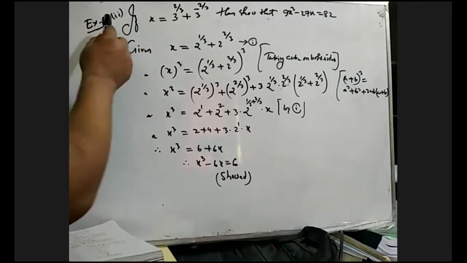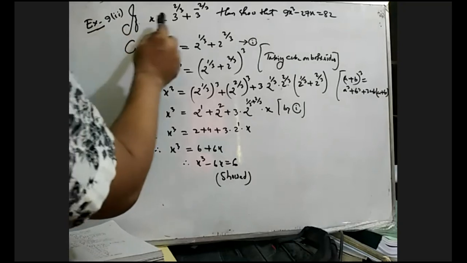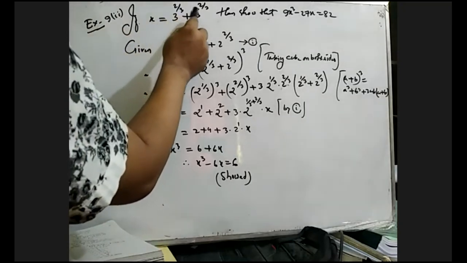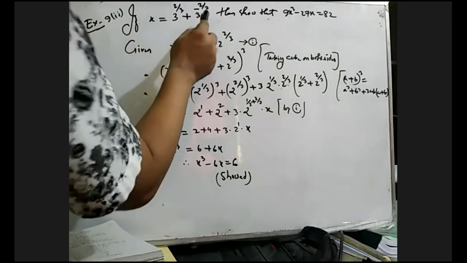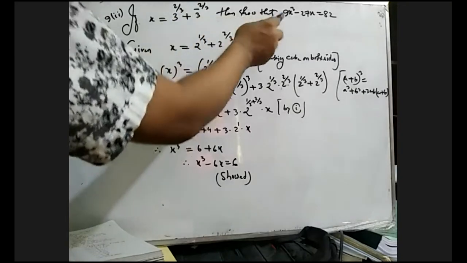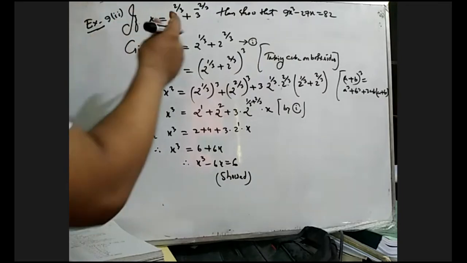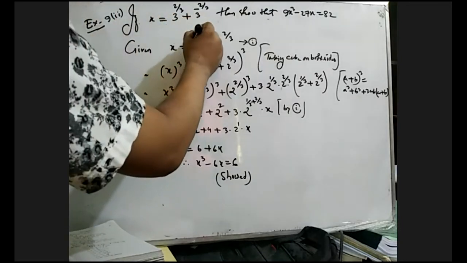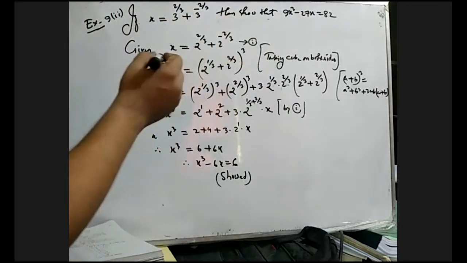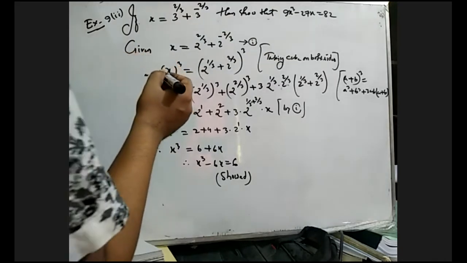Okay, now another one, number 2 of 9. If x equals 3 to the power 2 by 3 plus 3 to the power minus 2 by 3, then show that 9x cube minus 27x plus 82. Similarly, we can write this will be 2 by 3 and this is the minus 2 by 3. This is equation number 1.